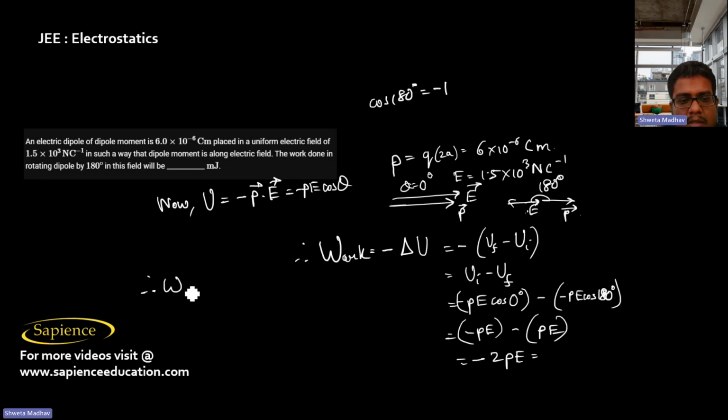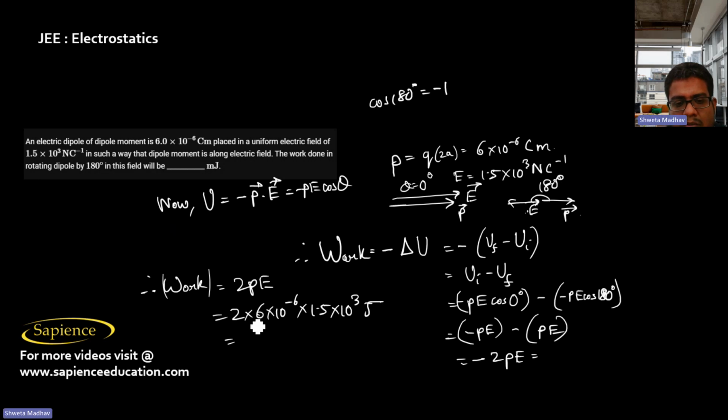Therefore the magnitude of the work done that we have to find out is 2PE. So this is 2 into 6 into 10 power minus 6 into 1.5 into 10 power 3 joule. This will be 18 into 10 power minus 3 joule, so 18 millijoule is the work done.